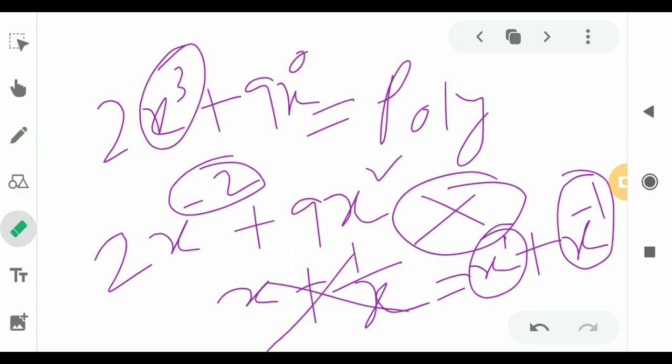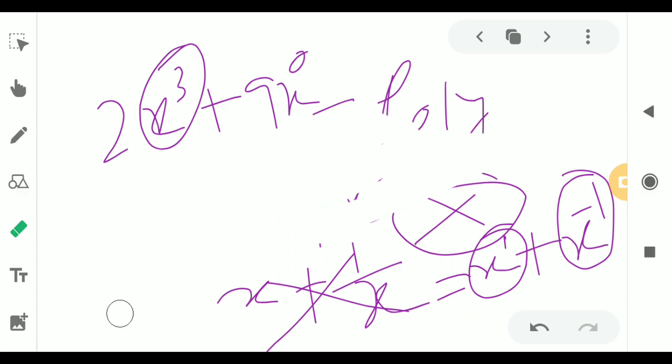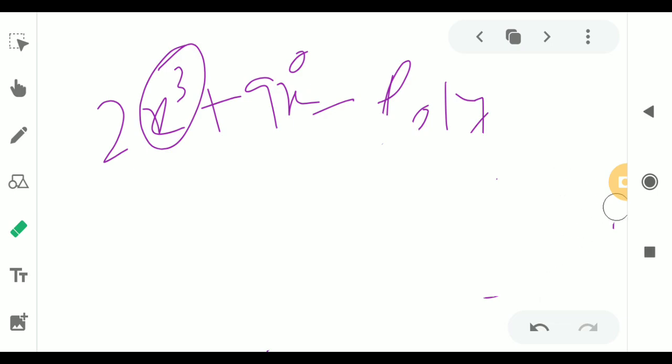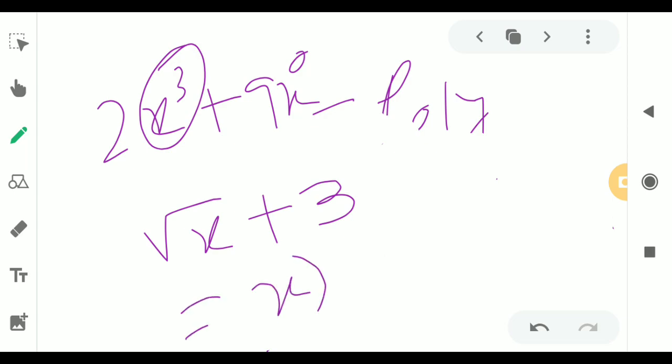Suppose I have the expression root over x plus 3. We can write root over x, or square root of x, as x to the power 1 by 2, plus 3.